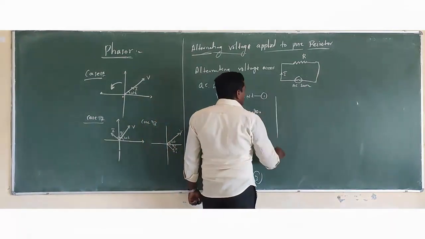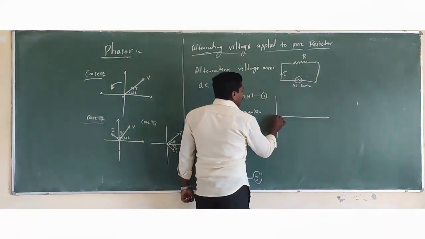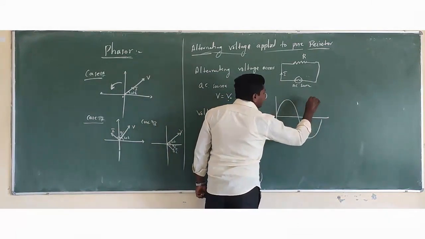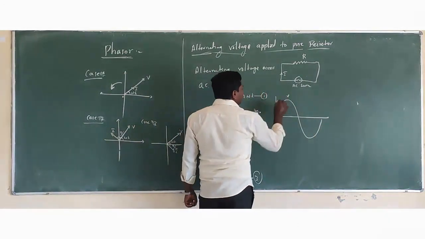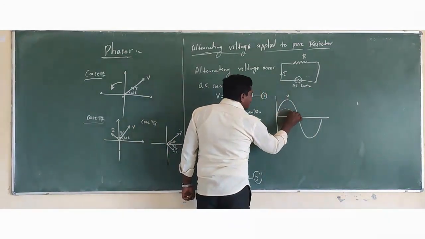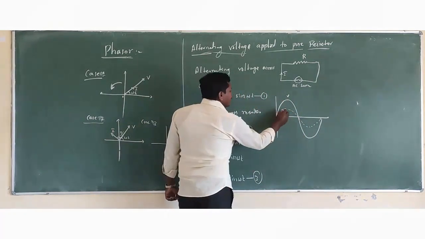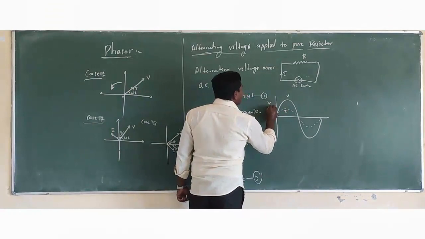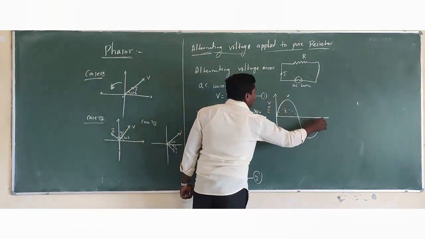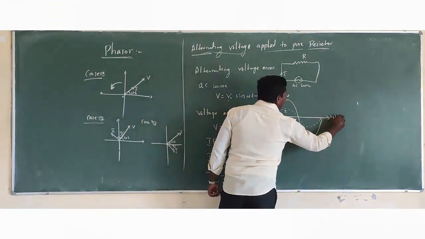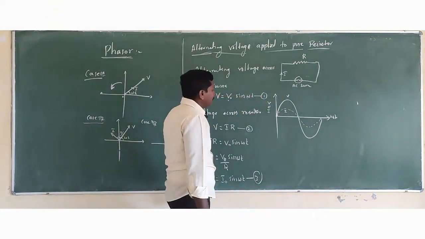We are going to observe a graph, a waveform, for this. Let us consider this is a voltage wave and this represents a current wave, with voltage or current along the y-axis and omega t along the x-axis.